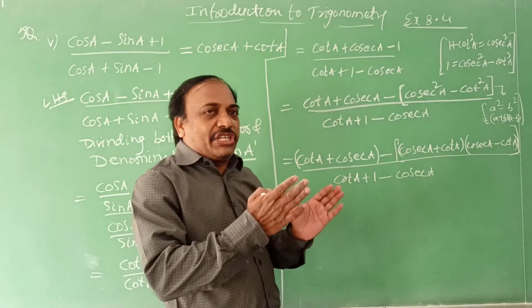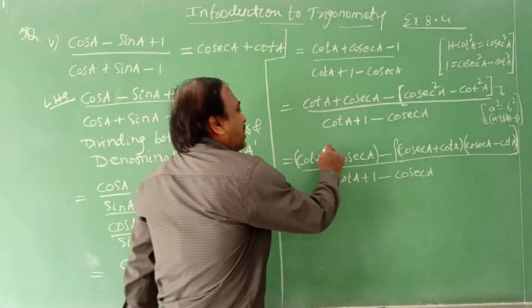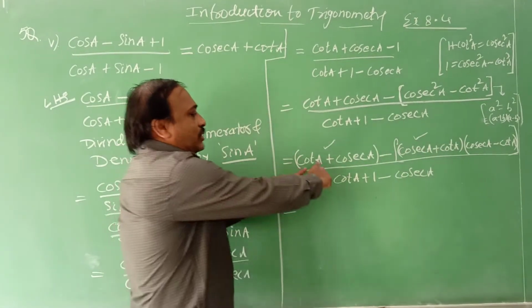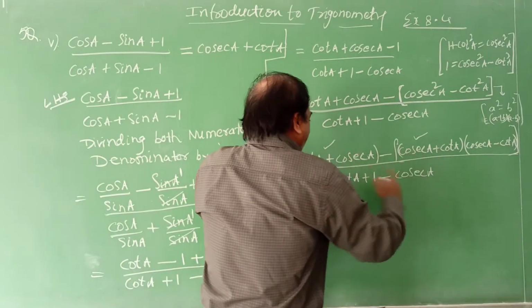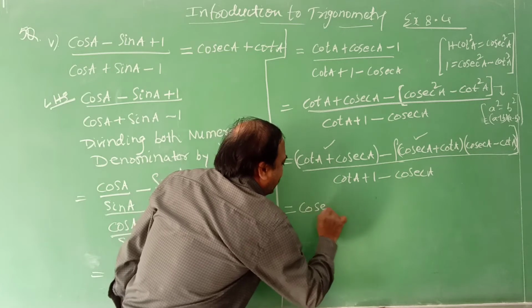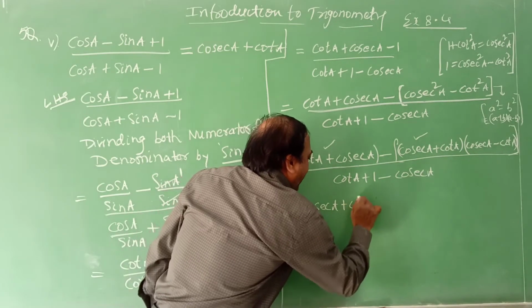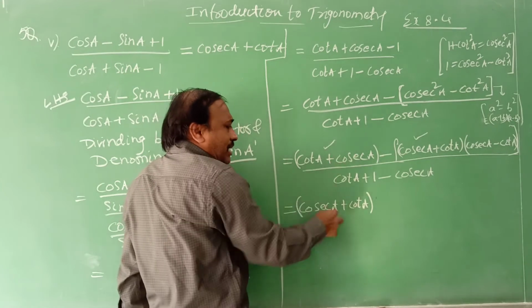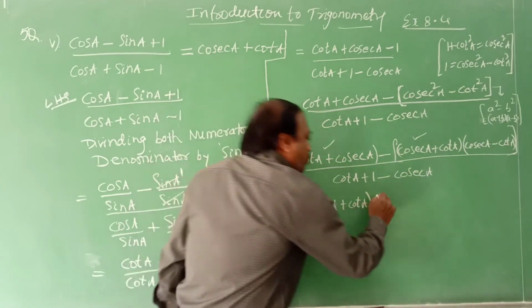Cot A plus cosecant A and cosecant plus cot A are the same trigonometric addition. So we are taking this part common. When you take out cosecant A plus cot A common, how many times is it? 1 time.